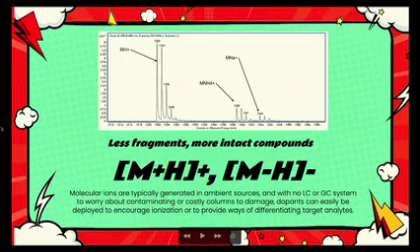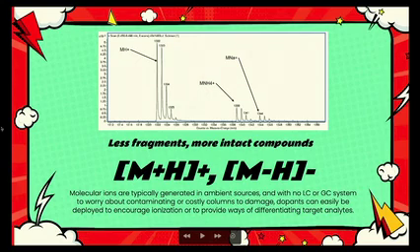So if you're used to doing GC and electron impact and you're working out your fragmentation pattern and working backwards, what you'll find with ambient ionization in particular is that you tend to get a lot of M plus H, M minus H type ions.